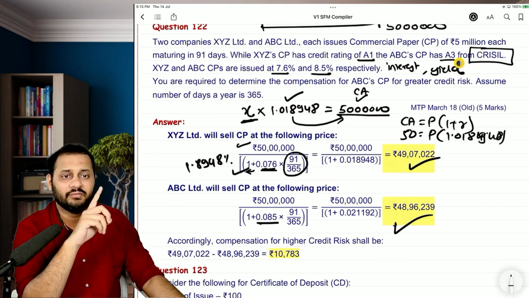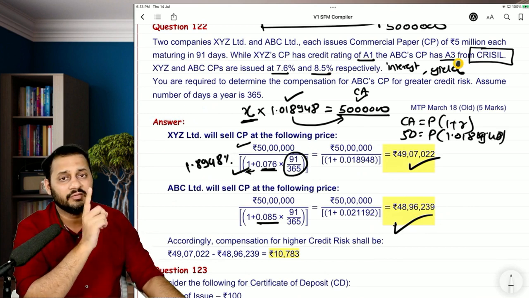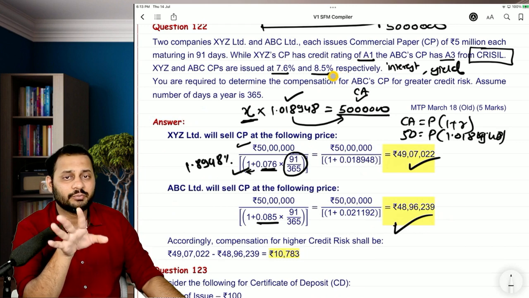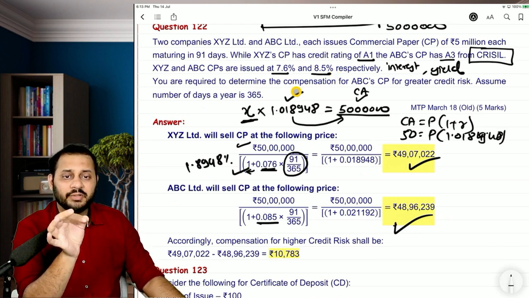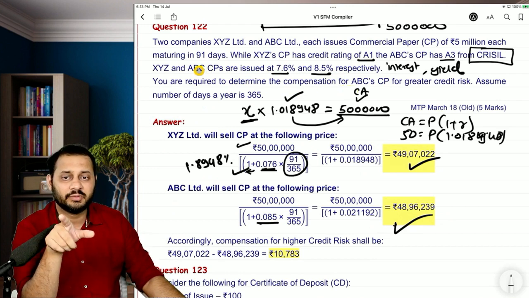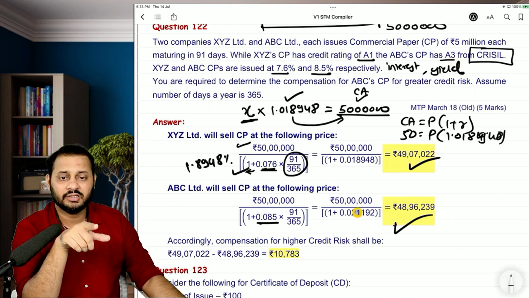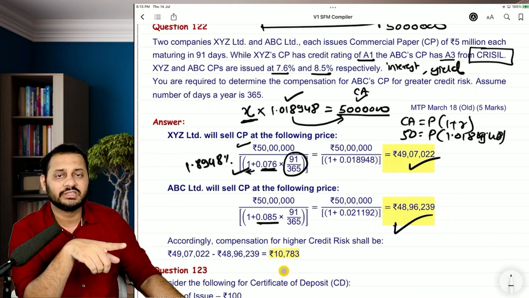Why? I will tell you. If the credit rating is bad, it is deemed that your commercial paper is risky, and if it is risky and you want investors to invest in that, you will have to pay a higher amount, that is 8.5%. So the question is asking you, how much is the compensation for ABC's commercial paper for greater credit risk? Because it has a higher risk, the higher return that they are paying as compared to XYZ is 10,783.